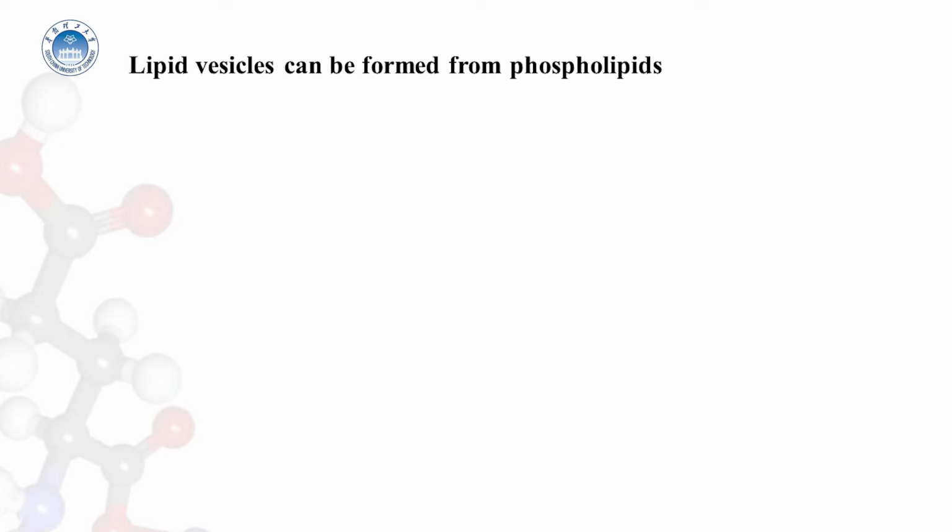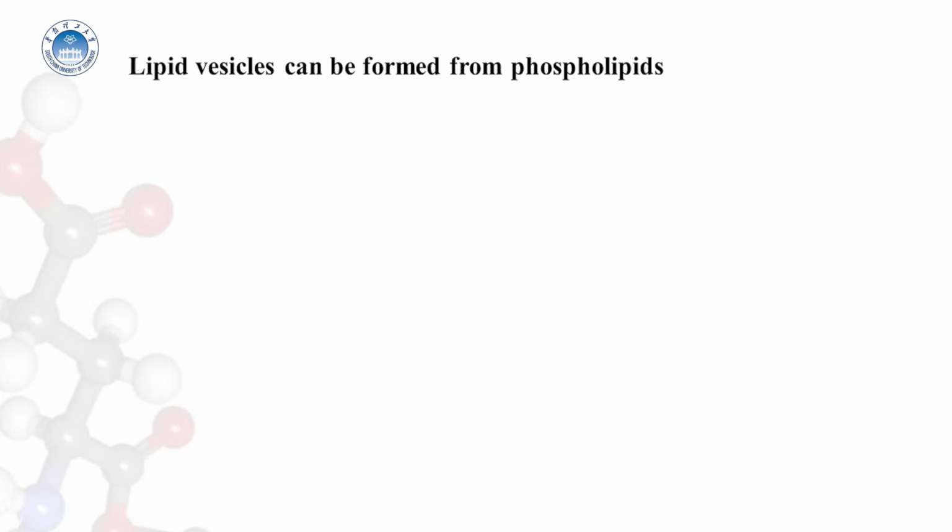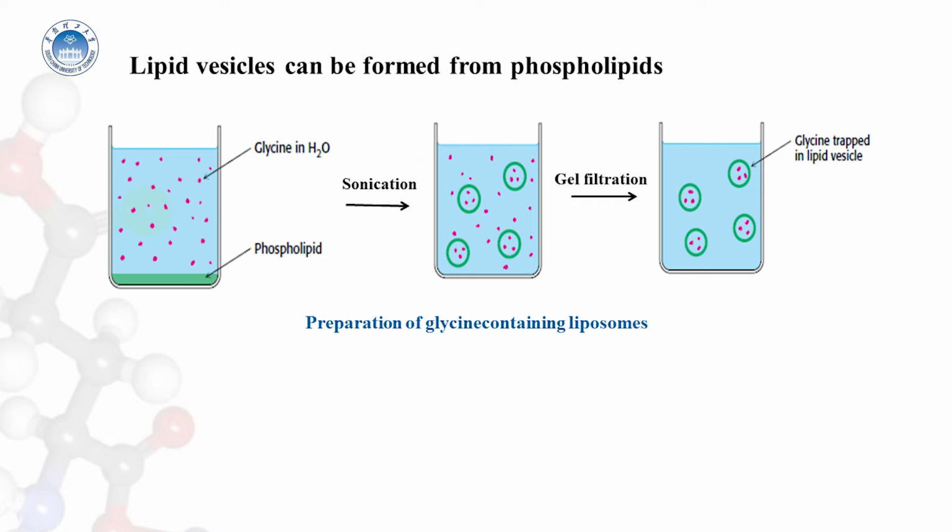The propensity of phospholipids to form membranes has been used to create an important experimental and clinical tool. Lipid vesicles or liposomes are aqueous compartments enclosed by a lipid bilayer. These structures can be used to study membrane permeability or to deliver chemicals to cells. Ions or molecules can be trapped in the aqueous compartment of lipid vesicles by forming the vesicles in the presence of these substances.